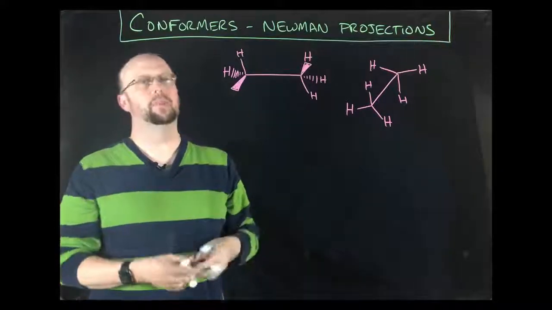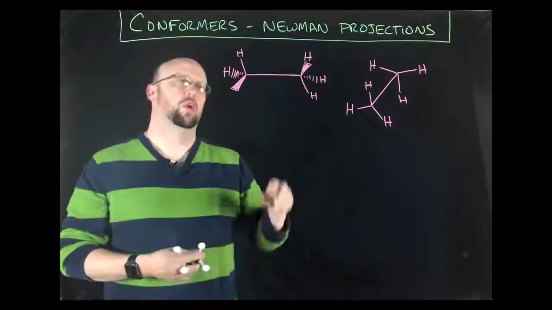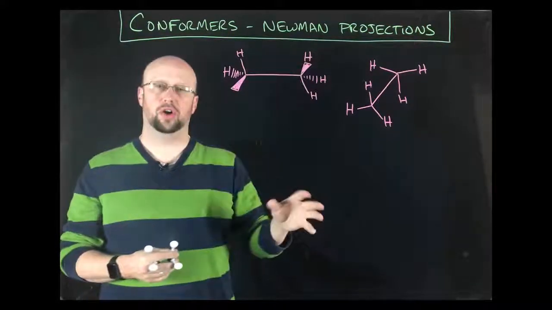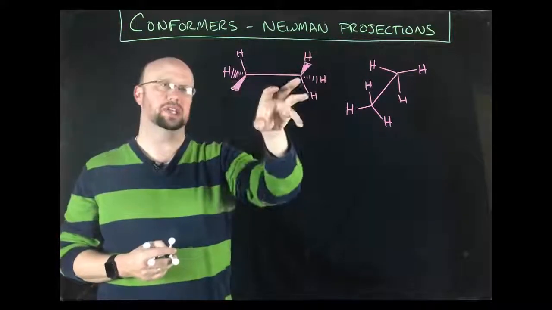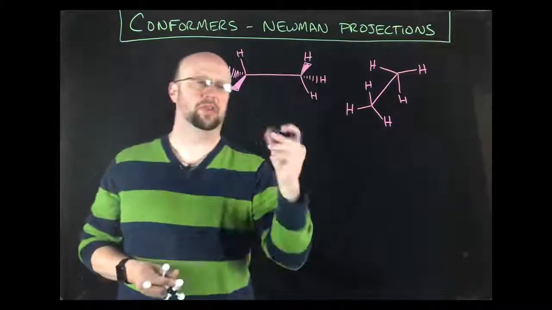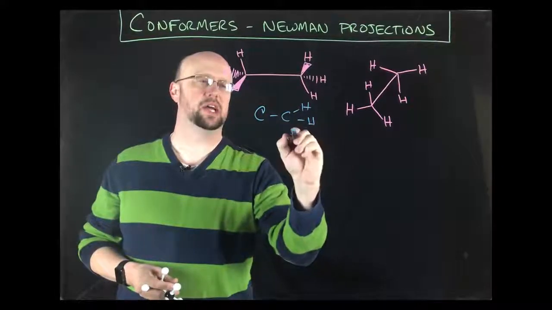To get there, and to talk more about conformers, particularly with some of these smaller molecules, we're going to look at a couple of things that have to do with different ways that we can draw these. This is our classic wedge and dash model, where I didn't just draw it the way we might have initially drawn our ethane, which would have been two carbons with my hydrogens there.